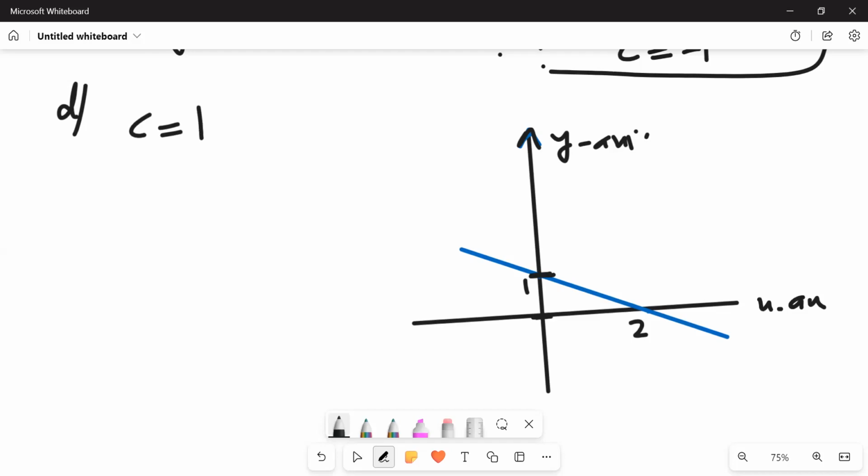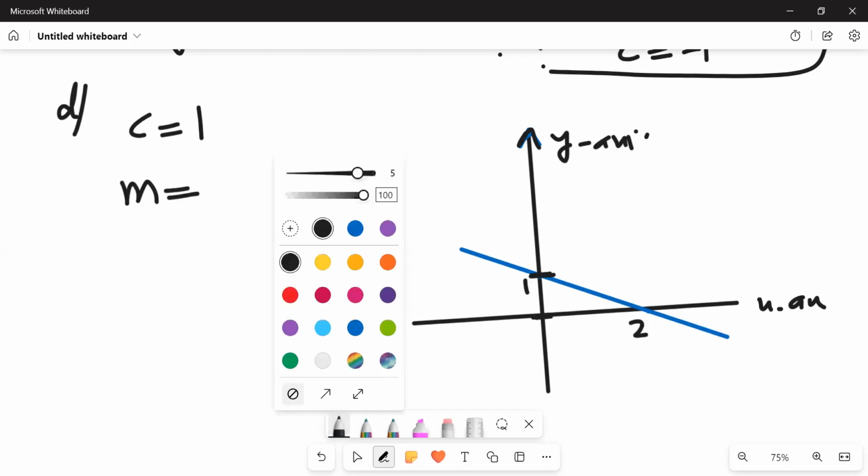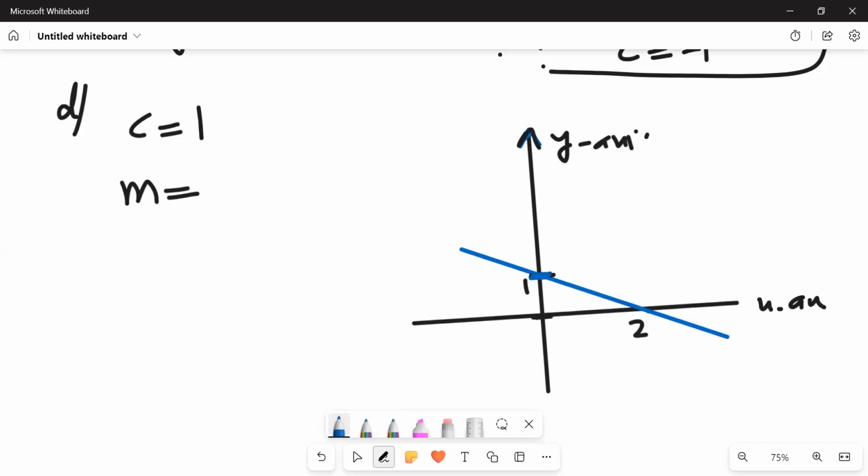Now we have to find the slope, the gradient. Now we will write these points. Yes, it is cutting at 2 also, but it is the x-axis, not the y-axis. If the line cuts the y-axis at any point, that is the y-intercept, that is c.